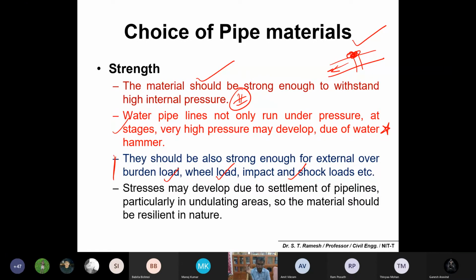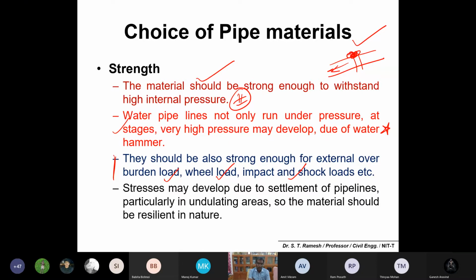These pipelines are normally buried under soil, so there could be a lot of soil above the pipes, which contributes a lot of overburden load or overburden stress, and also the load of the movement of vehicles, and there could be impact and shock loads. Imagine there could be a sudden earthquake below the pipeline. So there could be a lot of shock loads, impact loads.